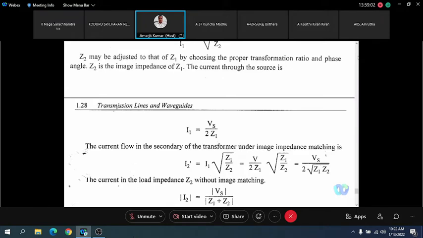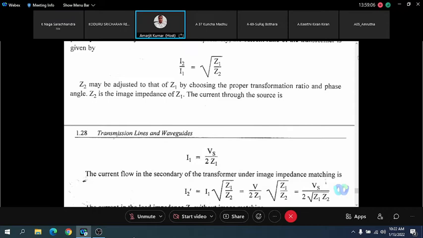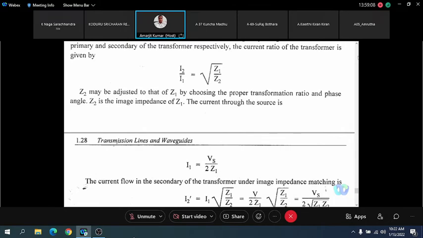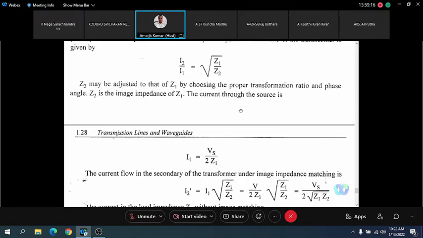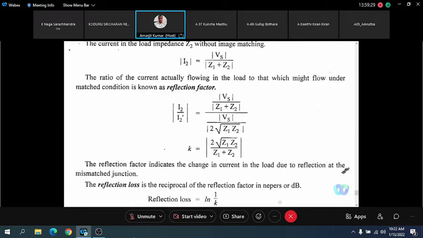I1 will be equal to Vs upon 2Z1. So then what will be I2 dash? From this formula it will be equal to root Z1 by Z2 into I1. So put here I1 as Vs upon 2Z1 and simplify. So V upon 2 root Z1 Z2 will be I2 dash.